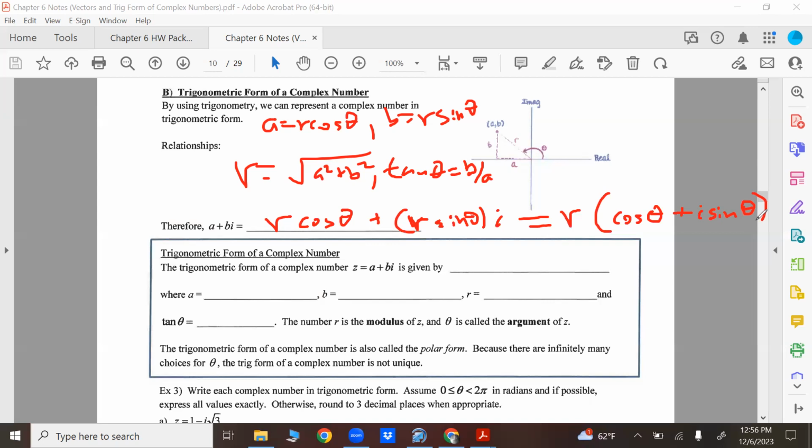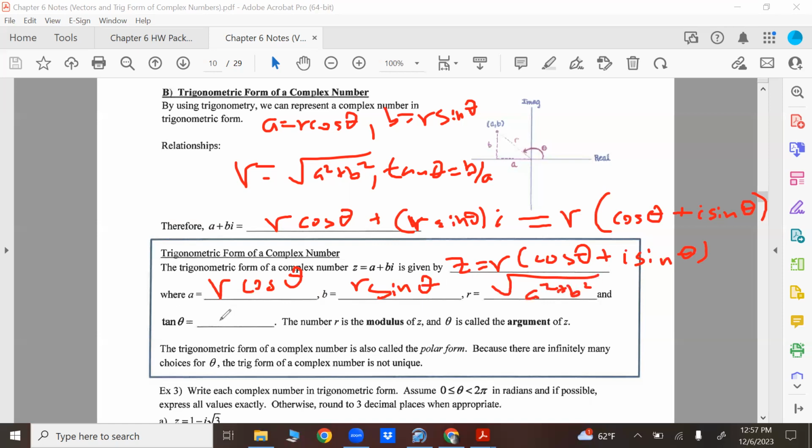So if I fill out the rest of this, it's given by z equals, I'm just repeating what I just wrote, so somewhat redundant, where a is r cos theta, b is r sine theta, r is root a squared plus b squared, and tan theta is b over a.